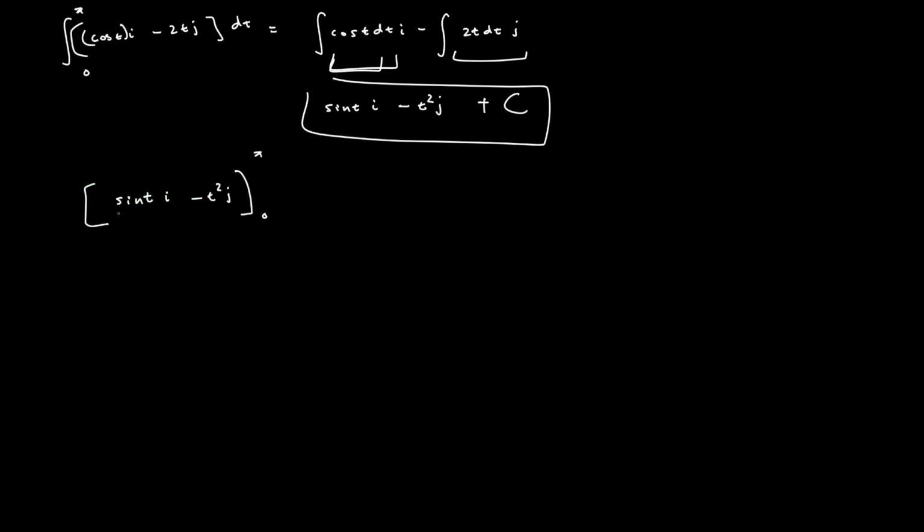Sine of pi is 0, and sine of 0 is also 0, so we get 0 minus 0 times i, and then minus, for t squared, pi squared minus 0 squared times j. So we essentially end up with 0i minus pi squared j, and that's the same thing as minus pi squared j.